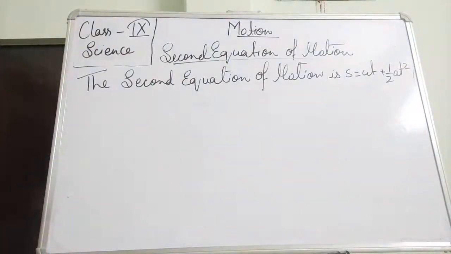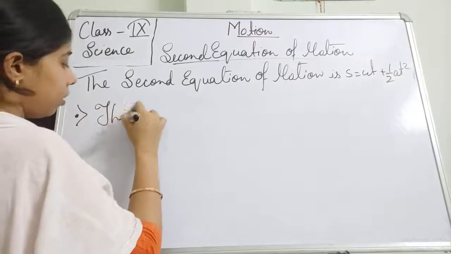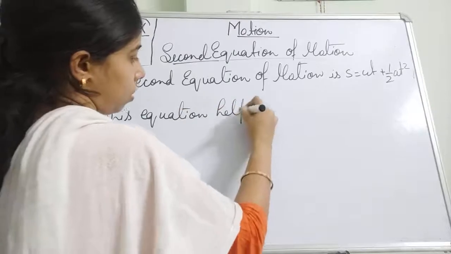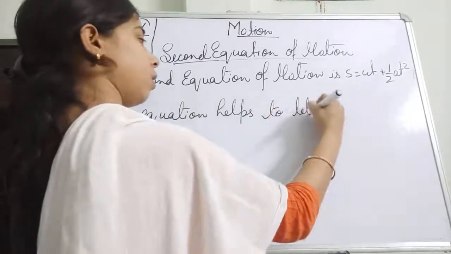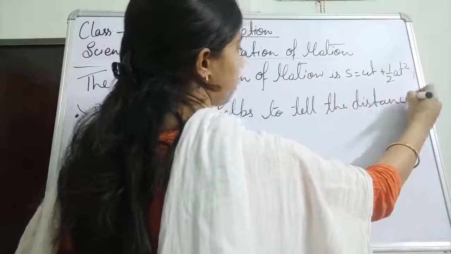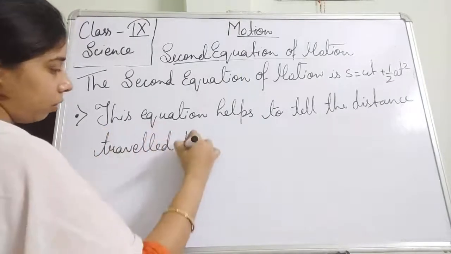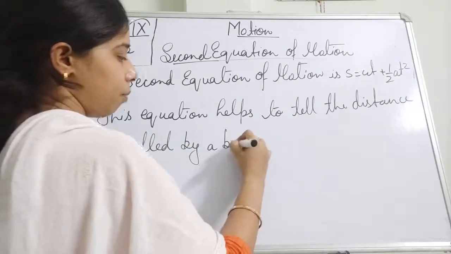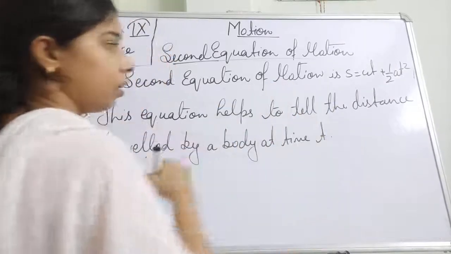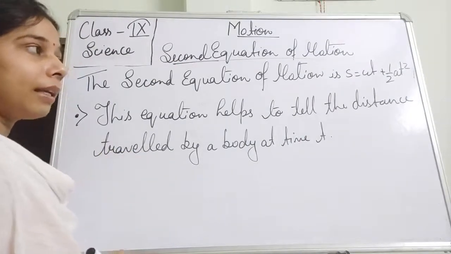This equation gives the distance travelled by the body at a time t. So with this equation we are able to find the distance travelled by a body at time t.